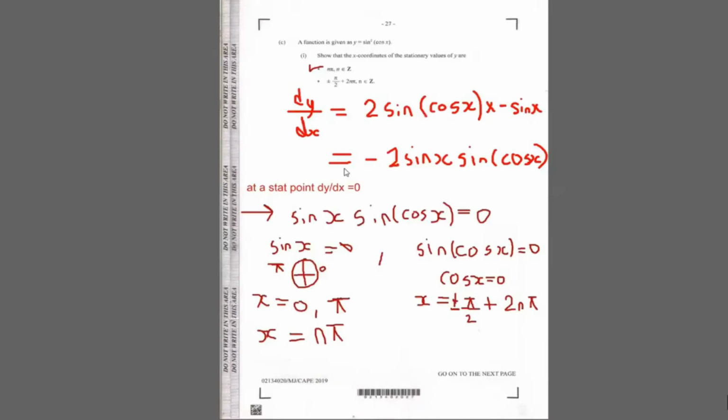Now it says determine the nature of the stationary point at x being n pi. To determine the nature of the stationary point, we need to find the second derivative. So remember, dy by dx is minus 2 sine x times the sine of cos x.